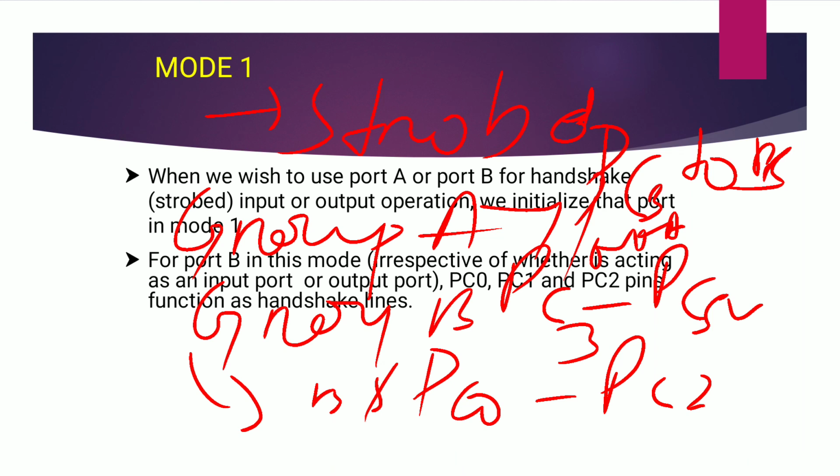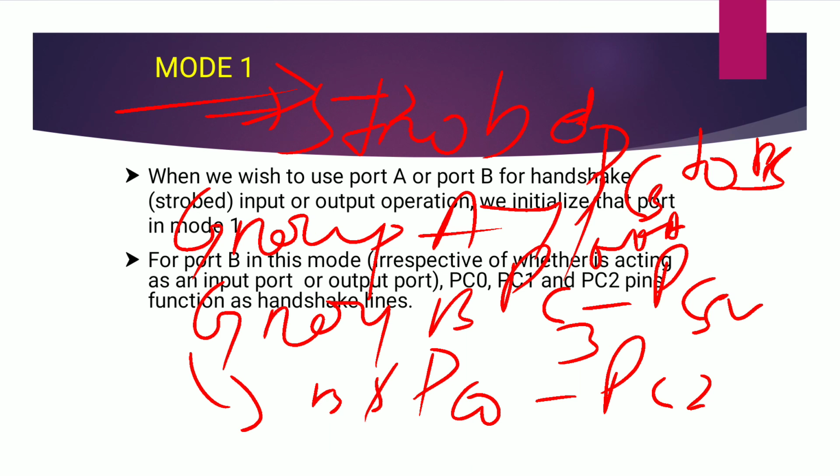In mode 1, a port which is programmed in mode 1 will do handshaking in one direction. For the rest of its life, it works in one direction. So a port programmed in mode 1 for input handshaking will be connected to an input device like a keyboard or mouse.